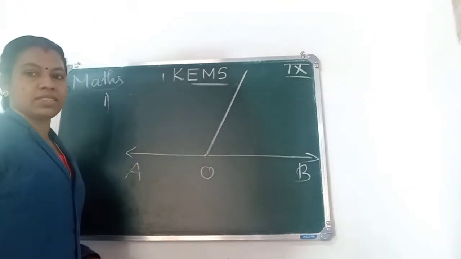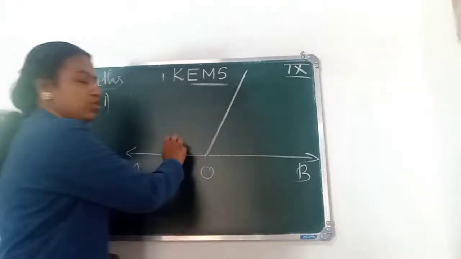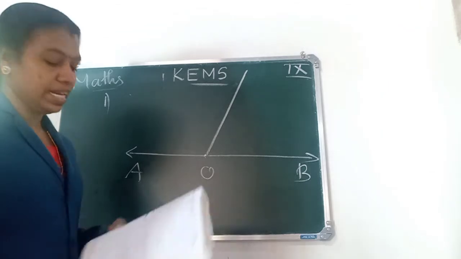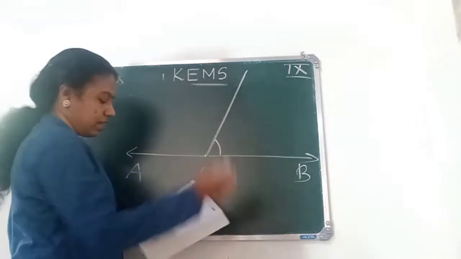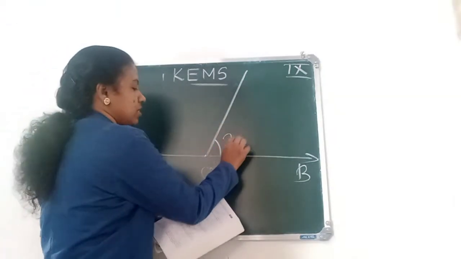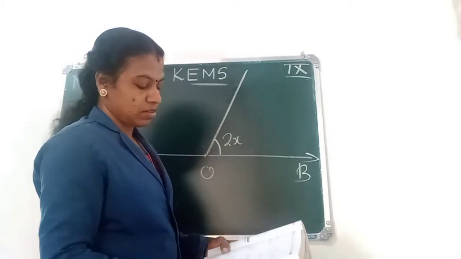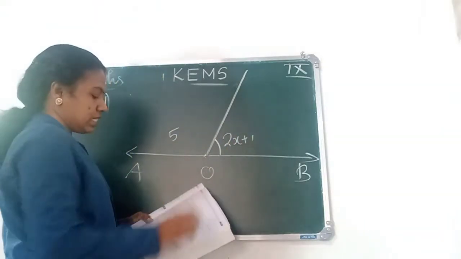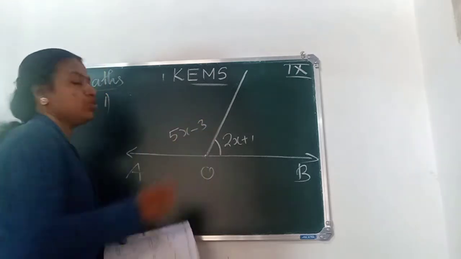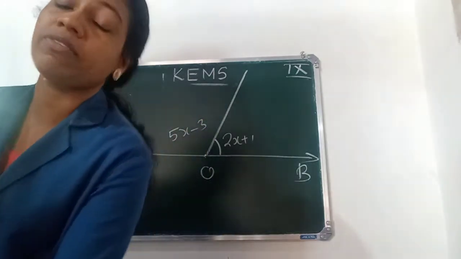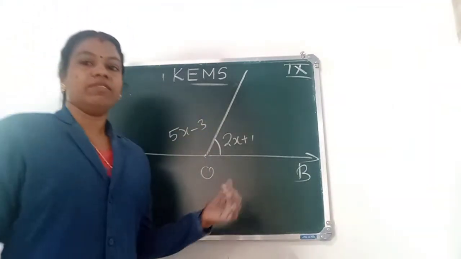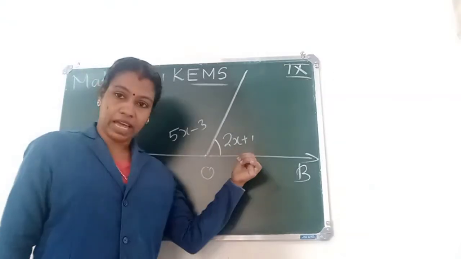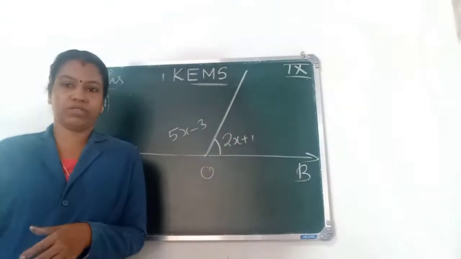So what is this? A straight line, two angles. It's a linear pair. Okay. So here one angle is 2x plus 1 and here 5x minus 3. Two angles are given in terms of x. We have to find the value of x and these two angles also.